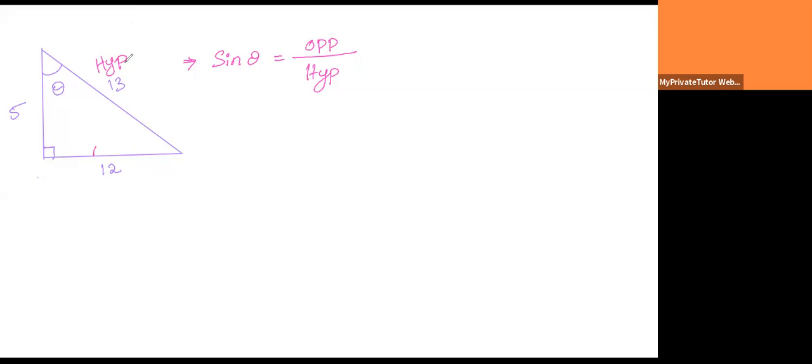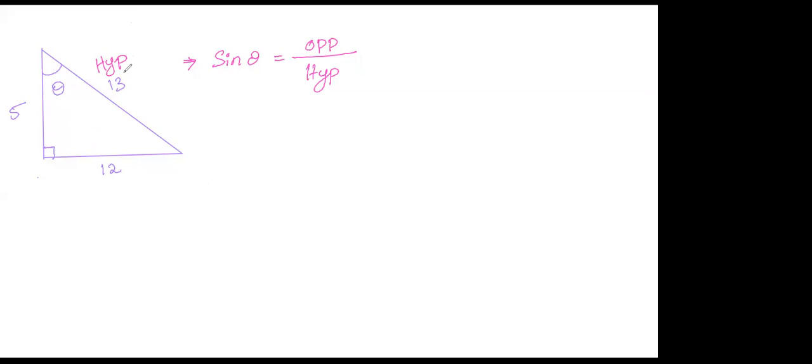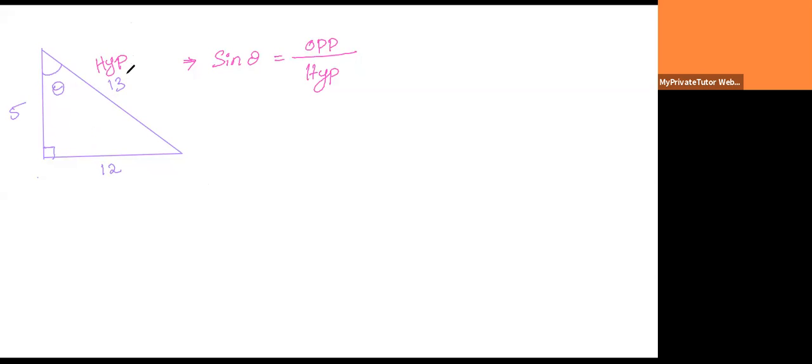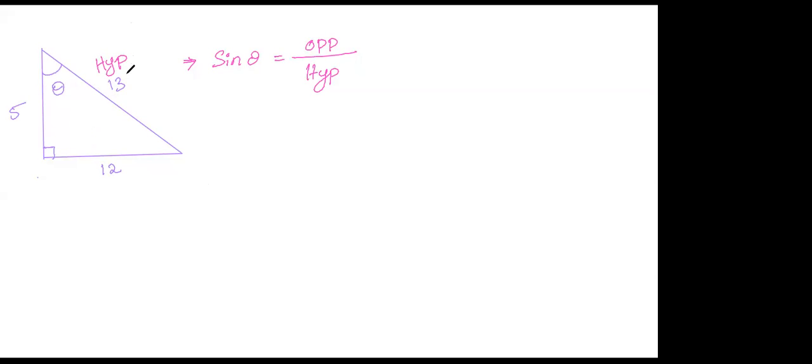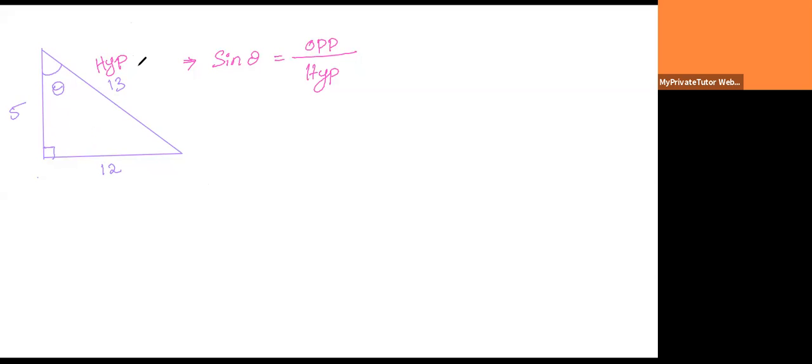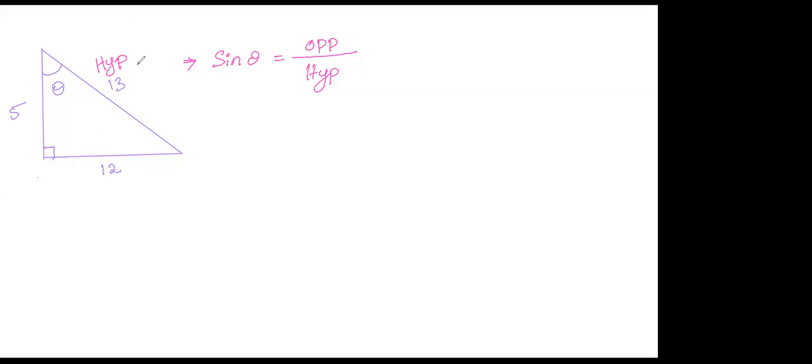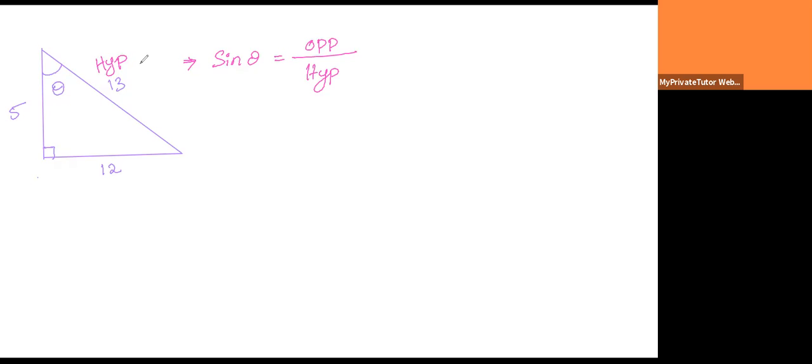Sir, cos theta is equal to adjacent over hypotenuse. Yeah, that's fine. But which side is an opposite here? Which value is the opposite value here? 12 or 5? 5.